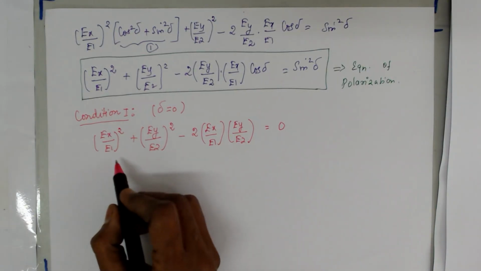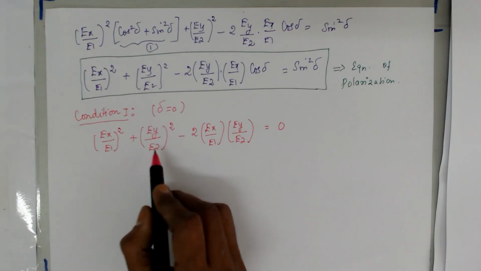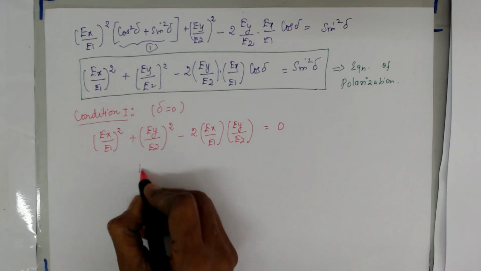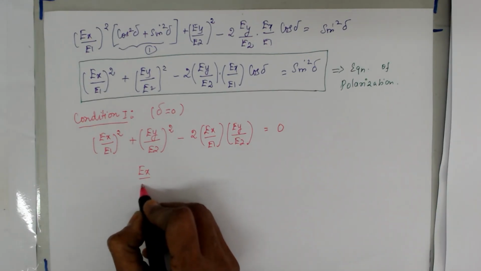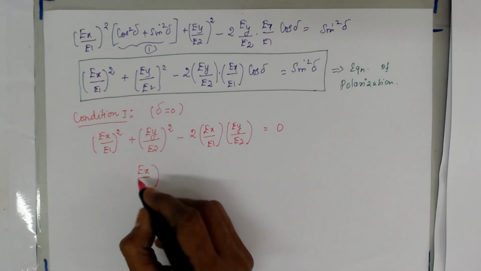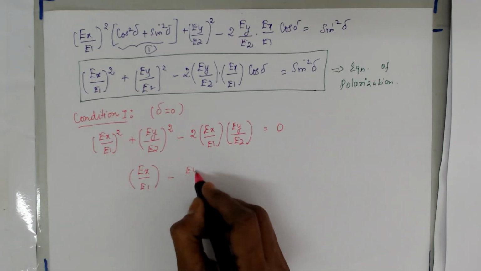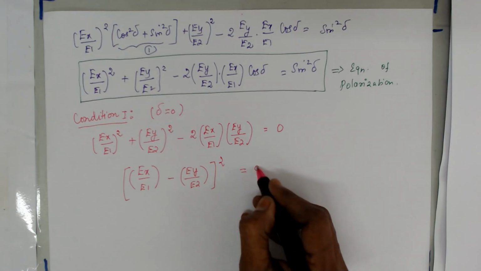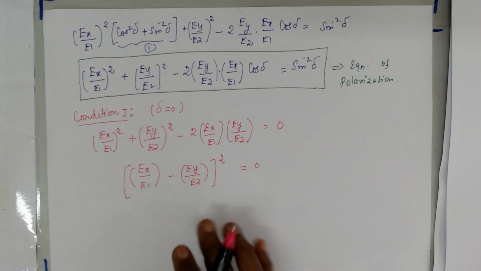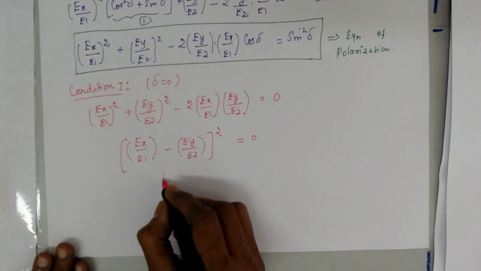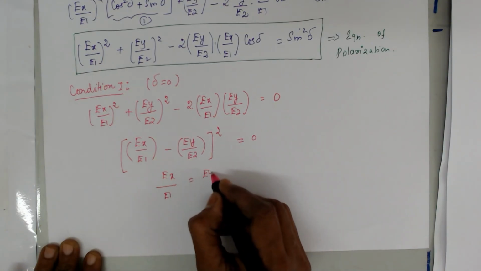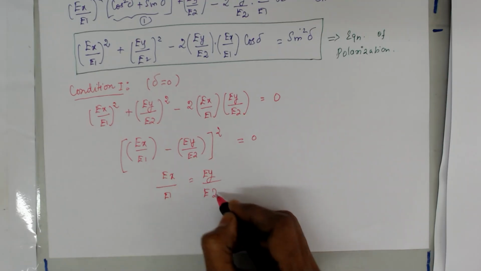So upon simplification we can see here a square plus b square minus 2ab. So this can be of the form (a minus b) the whole square. So this is (Ex by E1 minus Ey by E2) the whole square. (A minus b) the whole square is equal to 0. Or else we can write this as Ex by E1 is equal to Ey divided by E2.